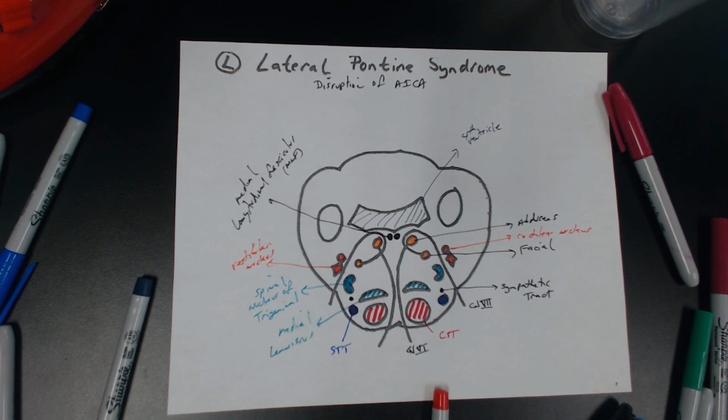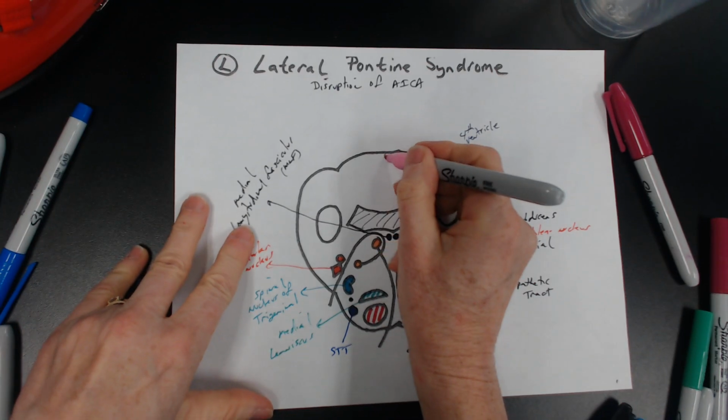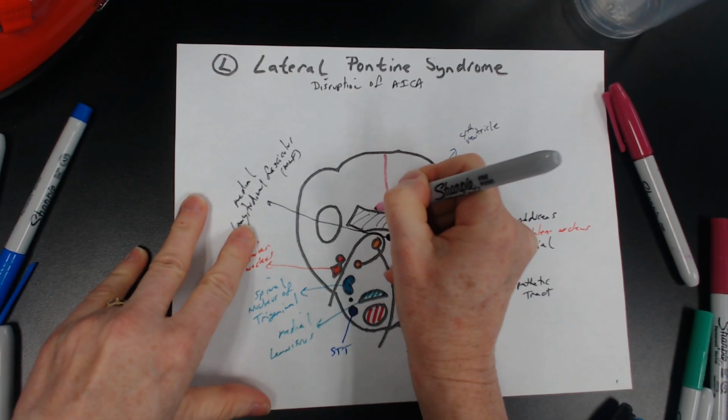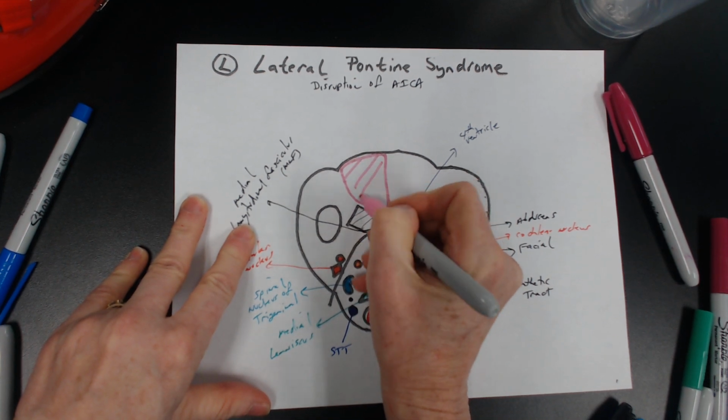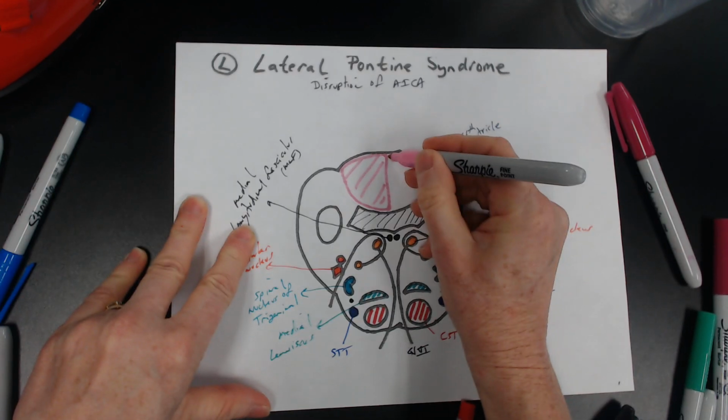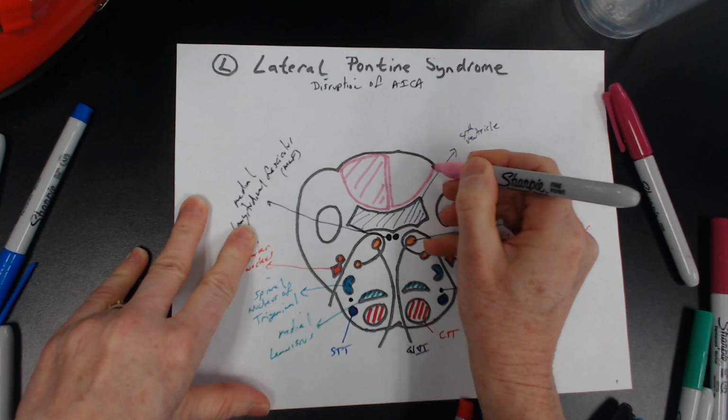Thinking about the main peduncle used to send afferent information into the cerebellum, that's going to be your inferior cerebellar peduncle here in pink.